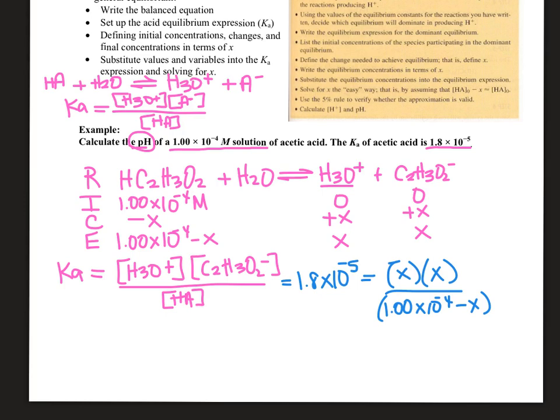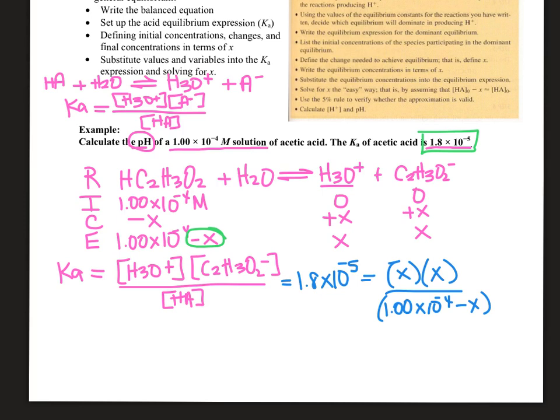Because this is a weak acid and this Ka value is 10 to the negative 5, it is a really small dissociation. That means that when we take this minus X, it is a really tiny amount that we're subtracting off.